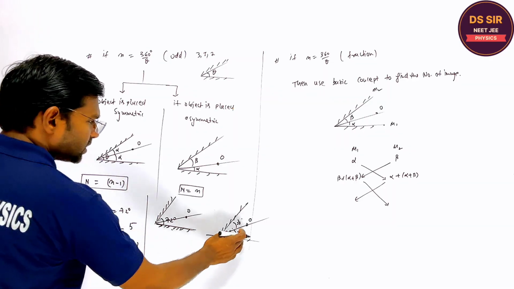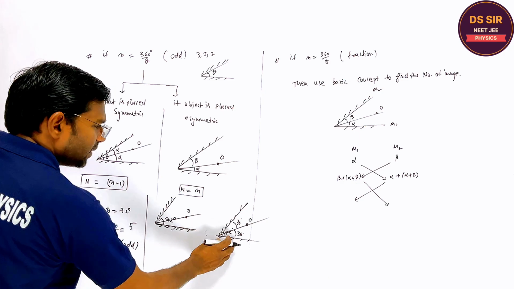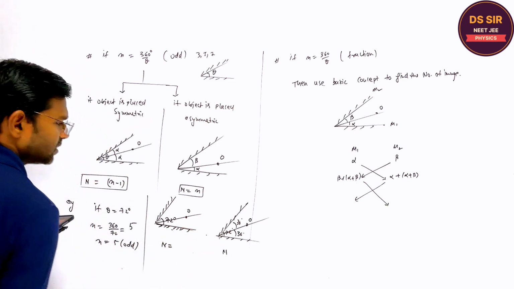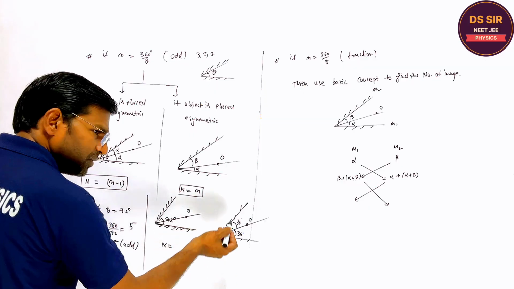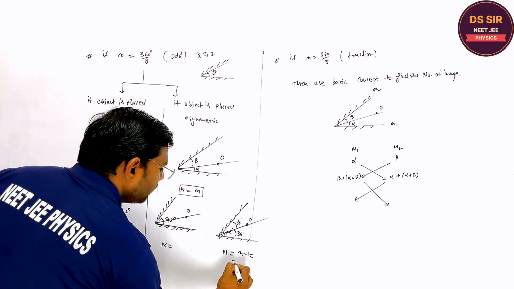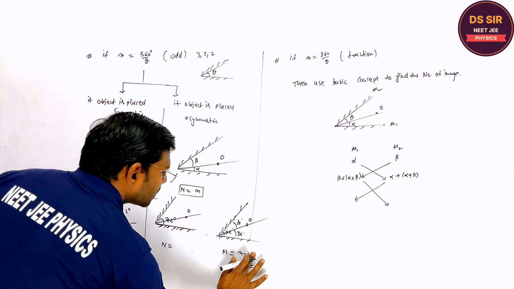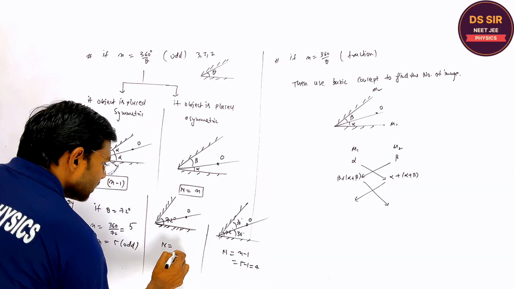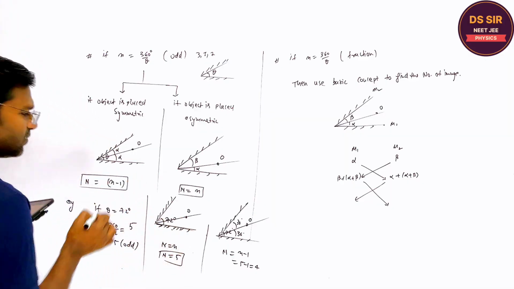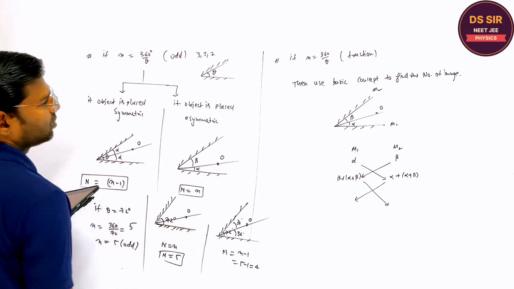If it is placed symmetric, the number of images is n minus 1, that is 5 minus 1 equal to 4, the correct answer. If asymmetric, it is only n, that is 5. So in this case 5 images will be obtained, and in the symmetric case 4 images will be obtained.